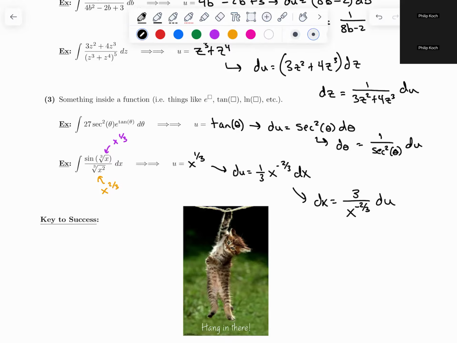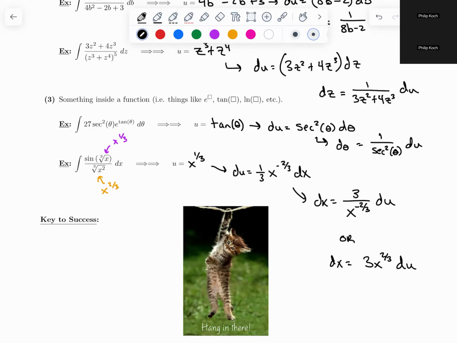Let's take a second to understand what's going on there for a quick moment. So I'm dividing by 1/3. So if I want to solve for dx, I need to multiply by 3 to cancel out that 1/3. That's why there's a 3 up in the numerator. And then I'm dividing by x to the negative 2/3, which is why it's like that. Or you could write it as dx is equal to 3x to the 2/3 du.